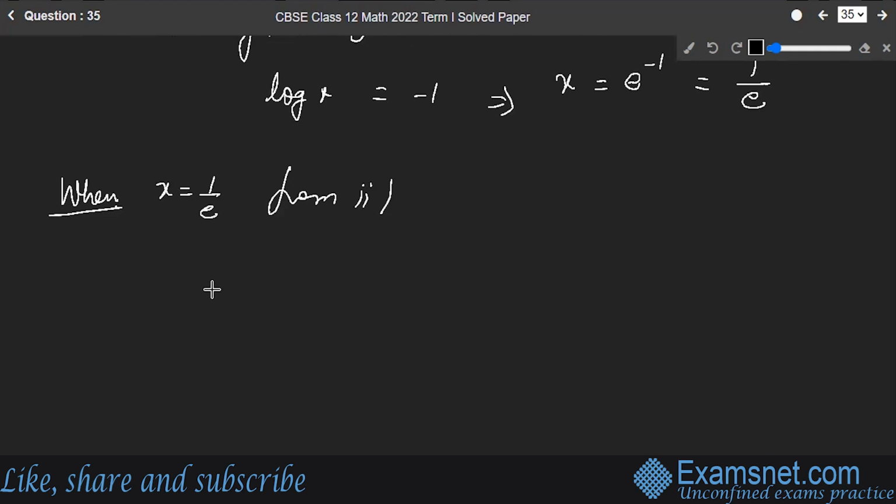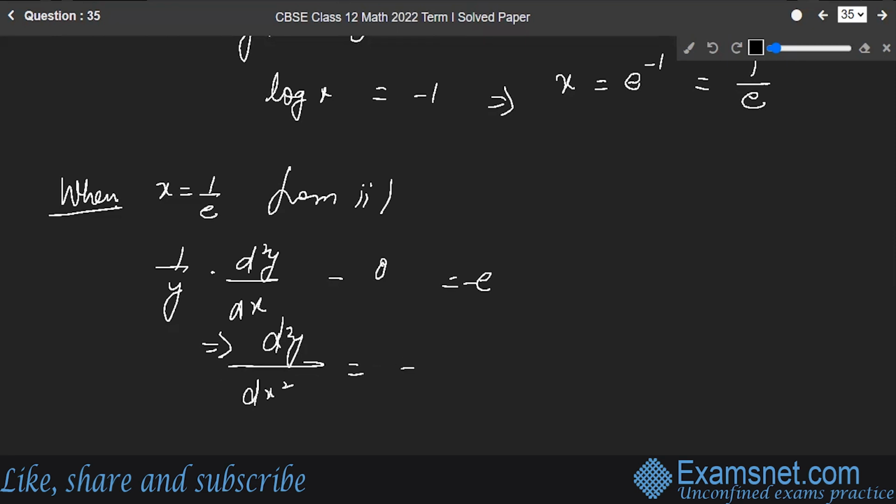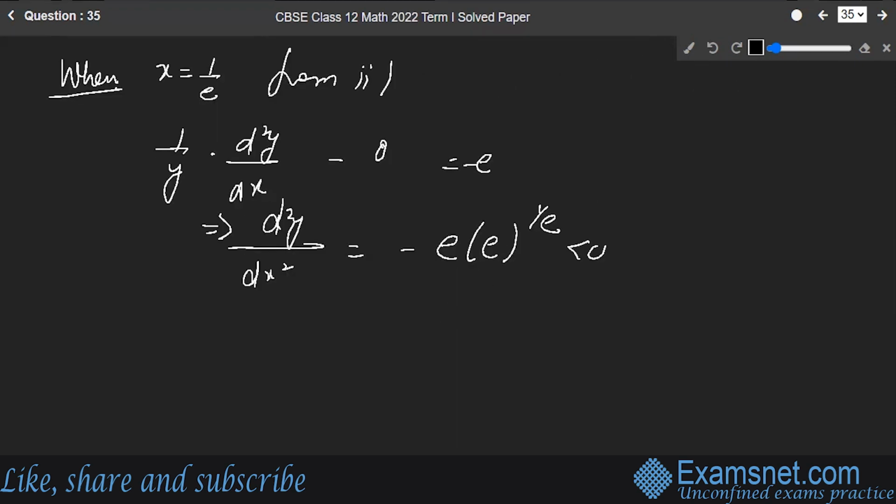So from the second equation, you will have here 1 by y d squared y by dx squared minus 0 is equal to minus e, or d square y upon dx square is equal to minus e into e raised to power 1 by e, is less than 0, because we are considering the maximum value.